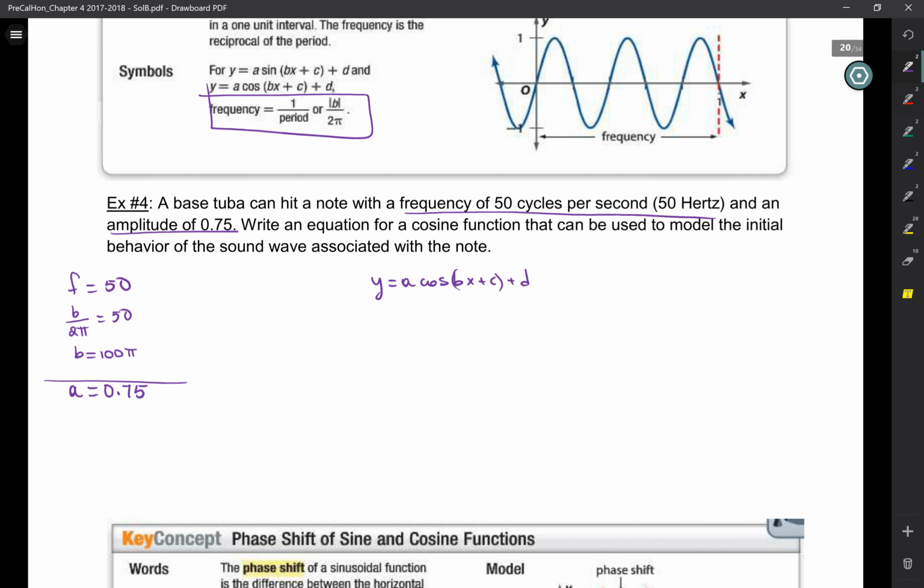Well, so now y equals A, which is 0.75, cosine of B x. I'm not given any information that leads me to believe that there is any other shift. So this is it. Okay.